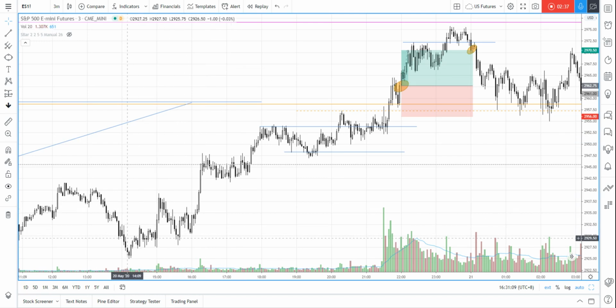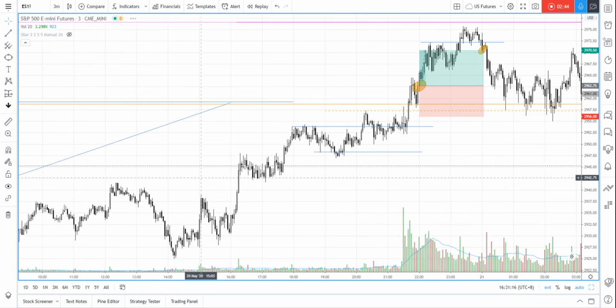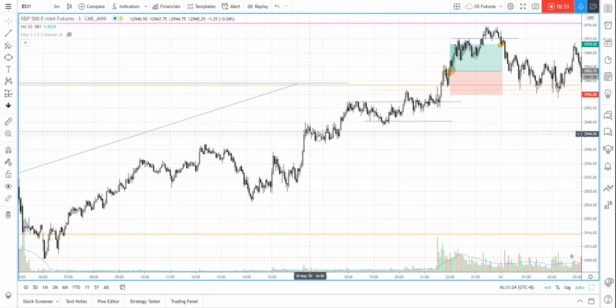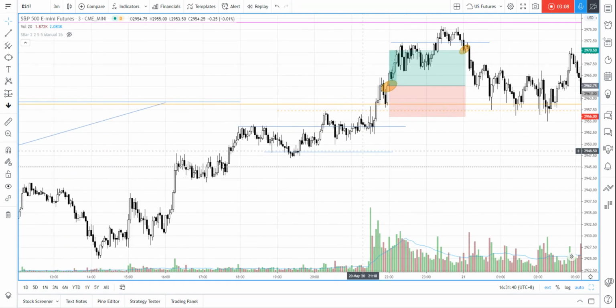As you can see, at around 2 p.m. my time, pretty much very close to the European London session, from there on we have seen this kind of behavior: a range breakout, then range, breakout, range, and then breakout again. This is pretty much the dynamic of the S&P 500 just prior to the US session. Therefore, I think we can still rely on this kind of pattern to trade accordingly.